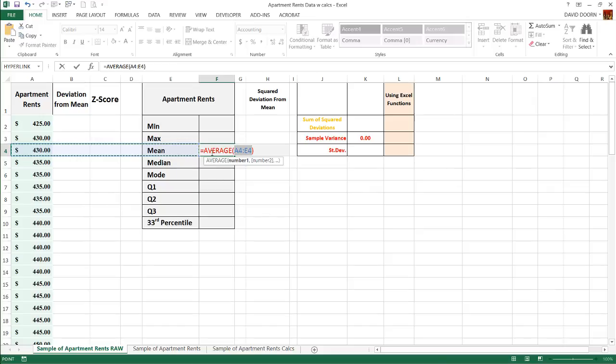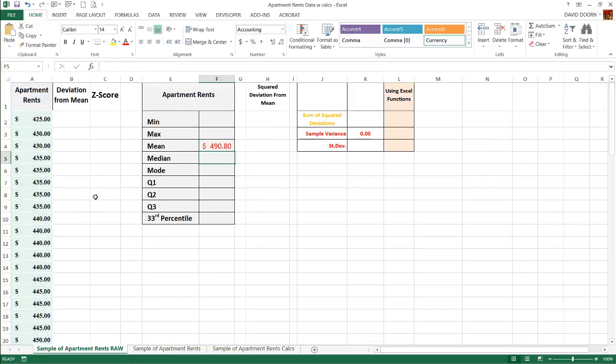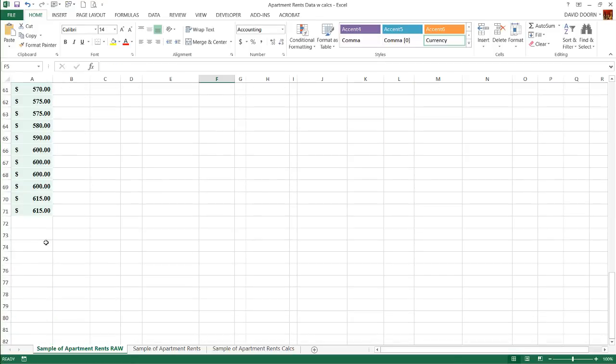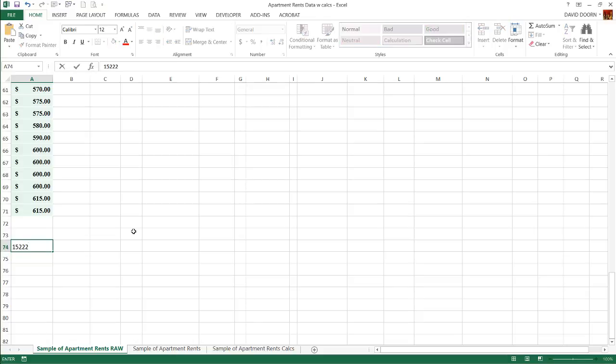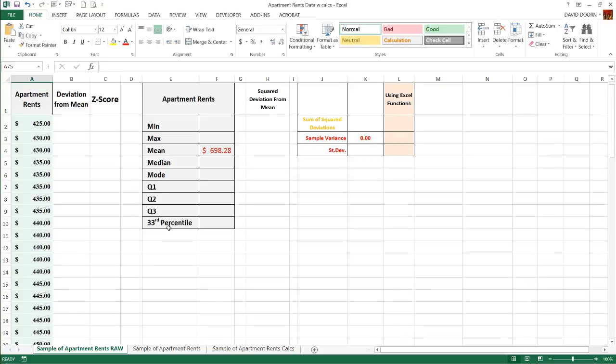Okay, so click on that, brings up the function. And we want column A. So you can select the whole column with this function. So we want the average of the apartment rents. Of course, make sure there's nothing below the data. You know, if I threw a 15,000 something in there, that's going to really mess up my average, right?